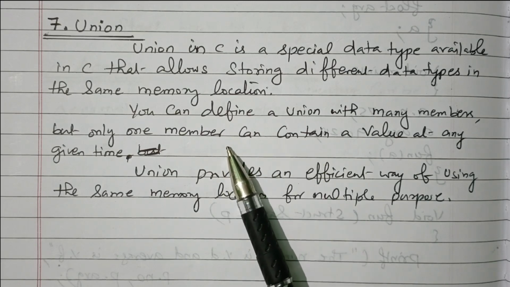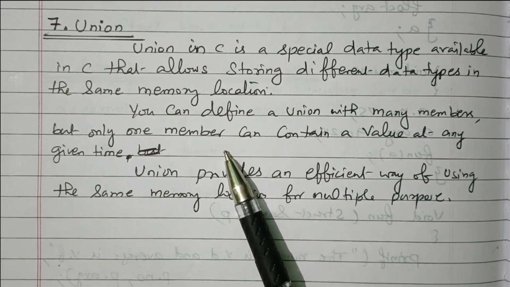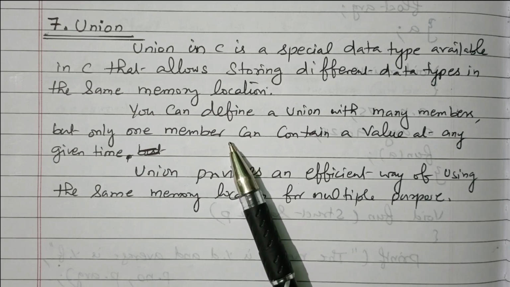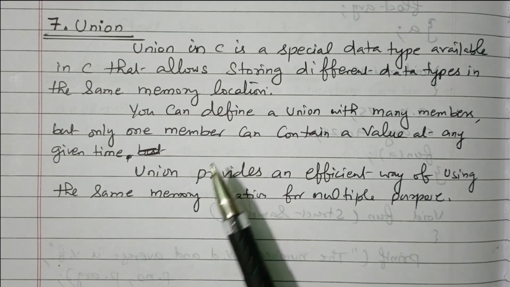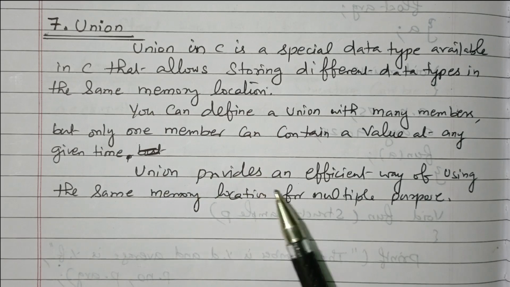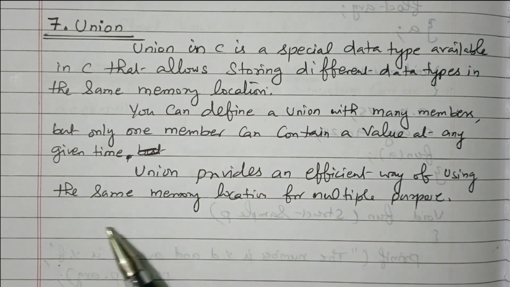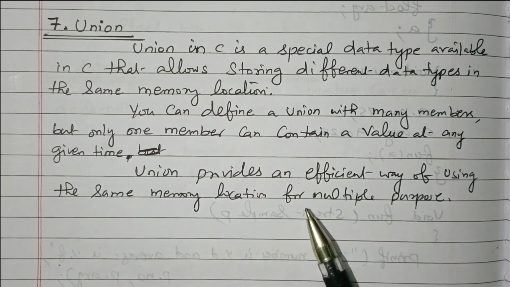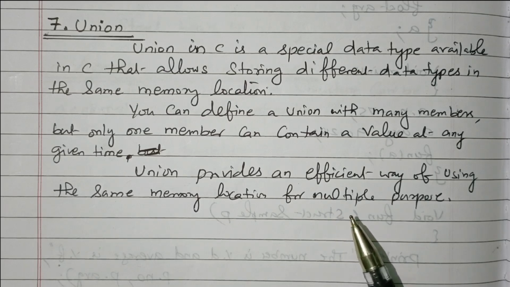That is the advantage of the union. Whether there are 5 or 10 variables, only one variable will be available. Union provides an efficient way of using the same memory location for multiple purposes. So the same memory location is the advantage of the union compared with the structure. Now we'll see the sample program.